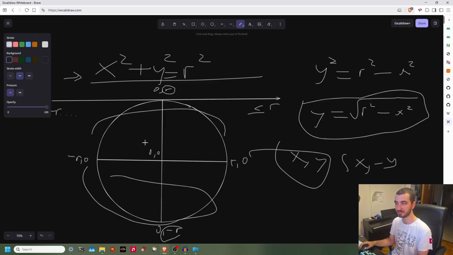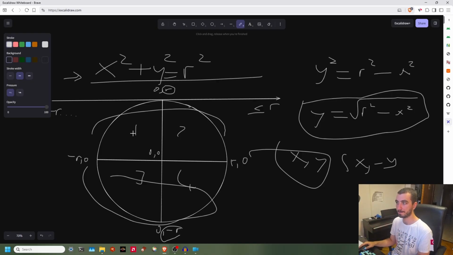As you can see, there's 4 portions: 1, 2, 3, 4. 4 portions of a circle, right? So what we do is draw one portion, and every other portion is basically mirrored to that portion. Because a circle is symmetric, we can just mirror the one portion, right? That's how we do that.